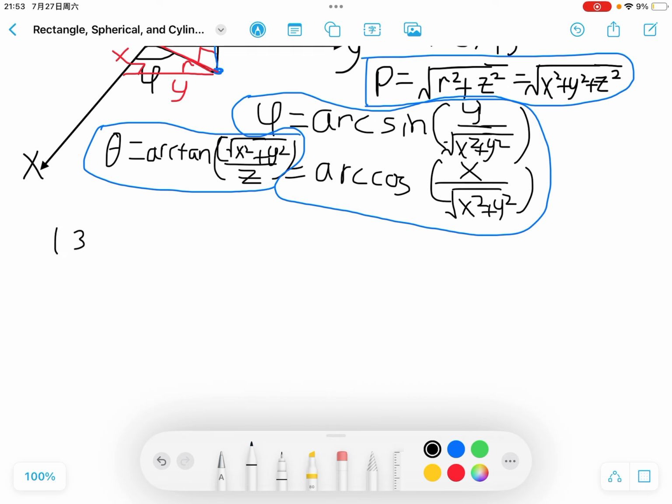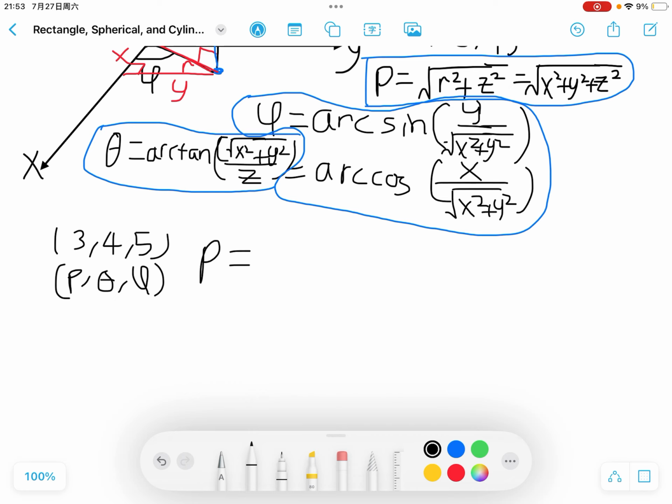So let's try to convert 3, 4, 5. Firstly, we write down the format for the spherical coordinates. So we have rho, theta, and phi.